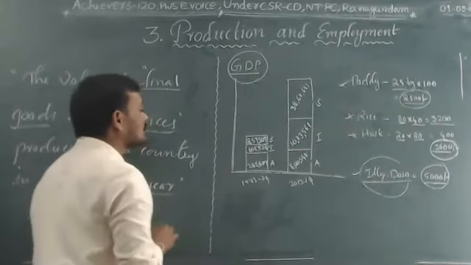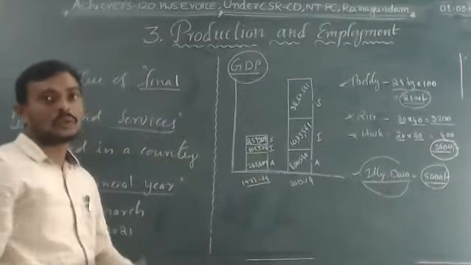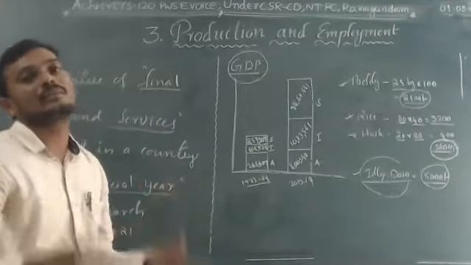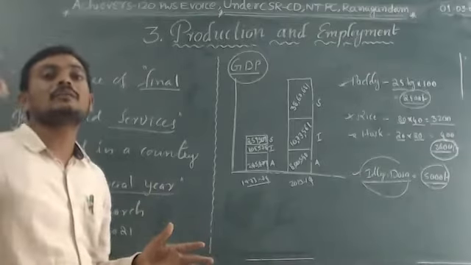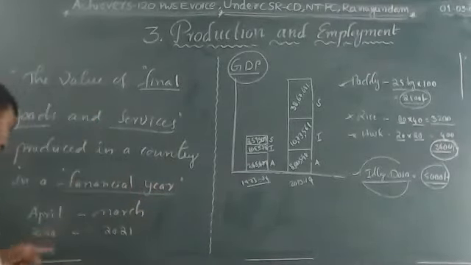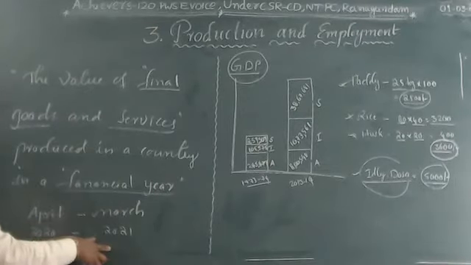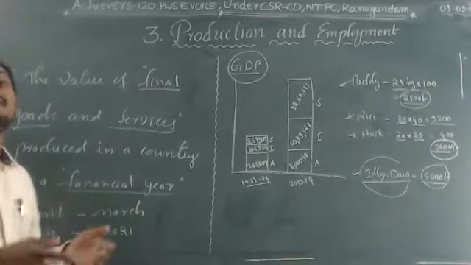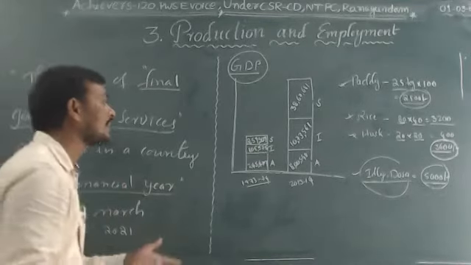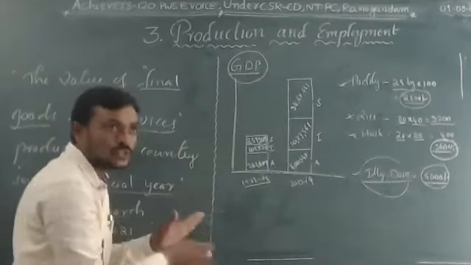Clear? So let us understand the 1973-74 financial year. As I told you, the financial year starts in the month of April and ends in the month of March. Just now I gave you an example, April 2020 to March 2021. This is the best example of a financial year. Here we have taken the financial year 1973-74.